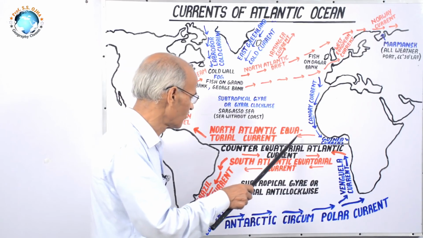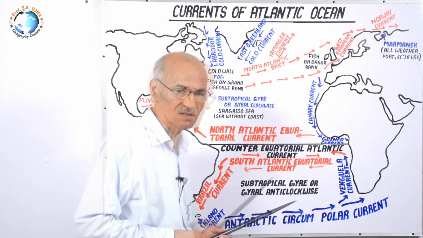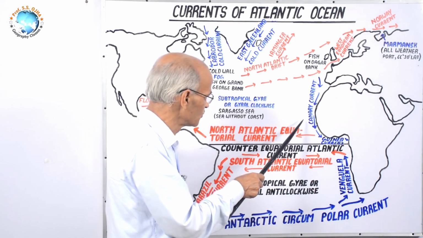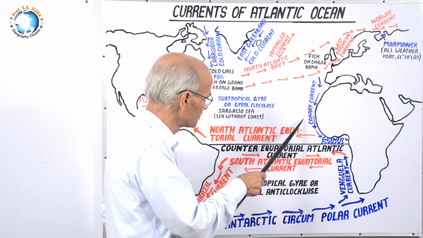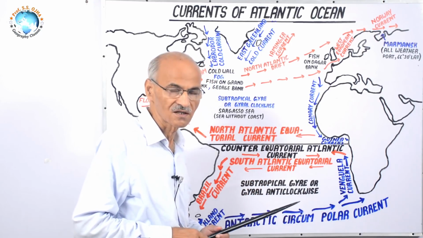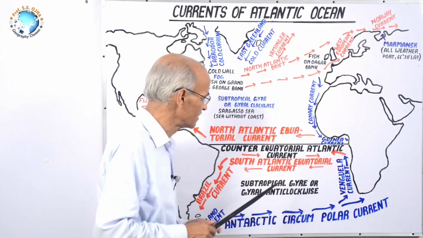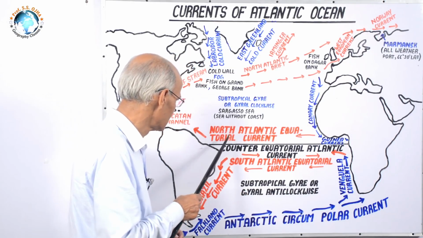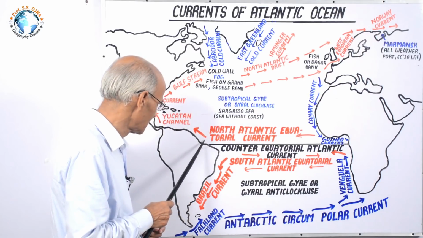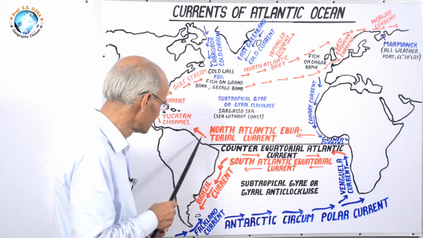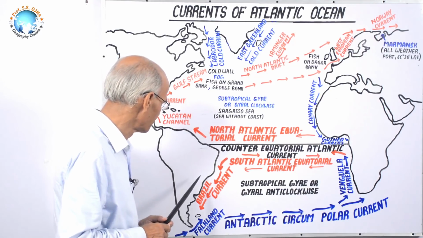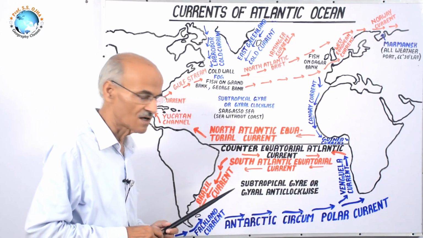It is a warm water current, and its main cause is trade wind, which blows from northeast to southwest direction in north hemisphere, and that trade wind drags water westward. This water comes here and collides with the northeastern part of Brazil coast and Guyana, and its impact on it.